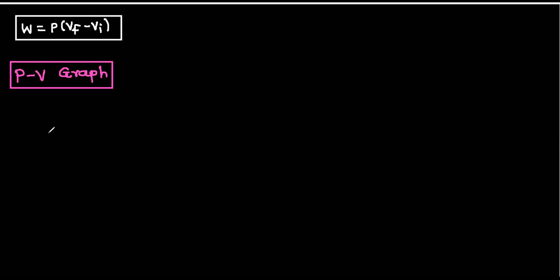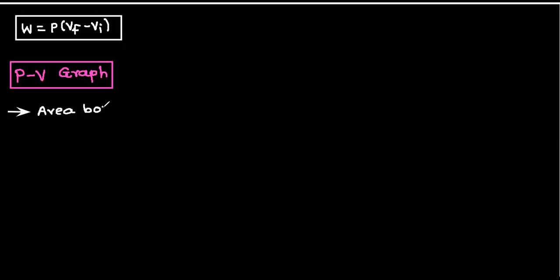So the first point in the PV graph, which is very, very important: in motion in a straight line, you have learned that the area under the velocity-time graph gives displacement. Like that, here the area bounded by the PV graph. What is my sentence, which is very important?